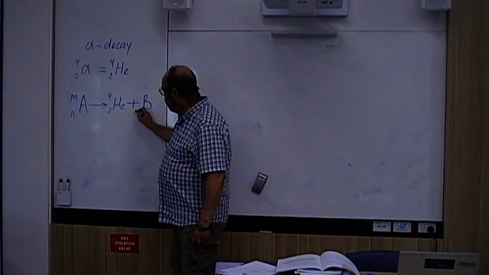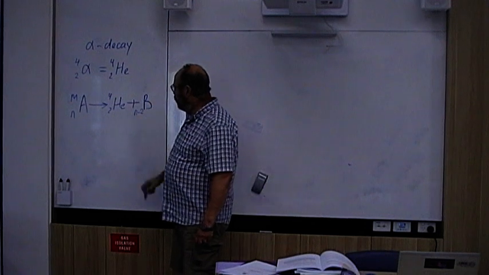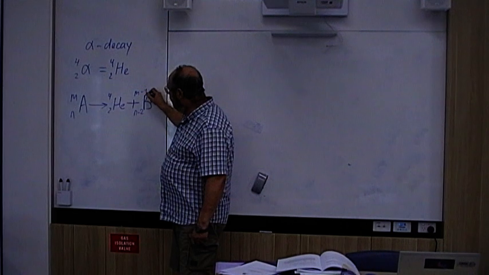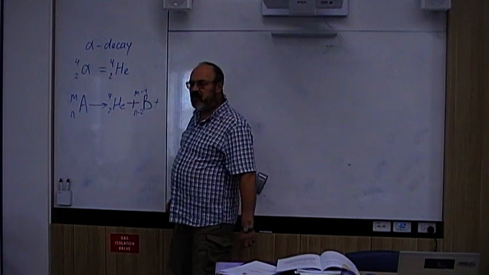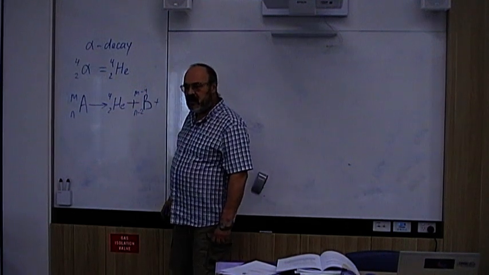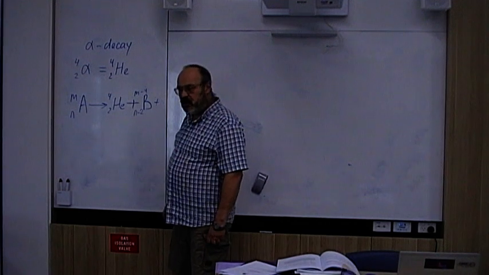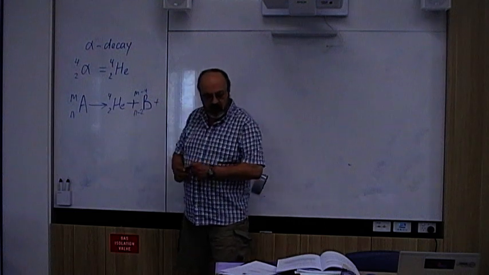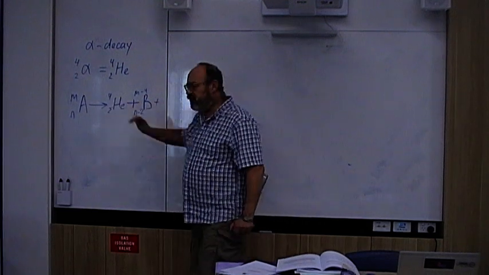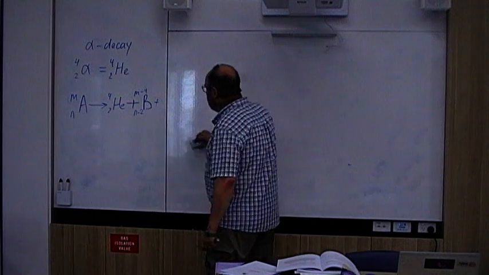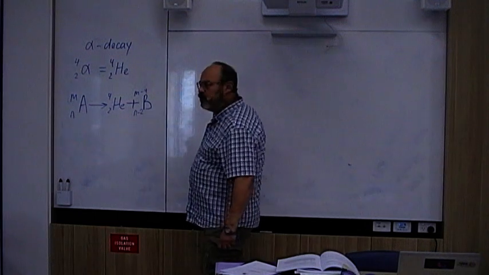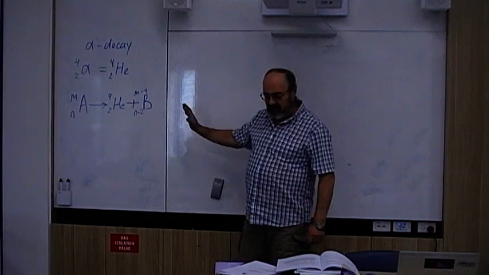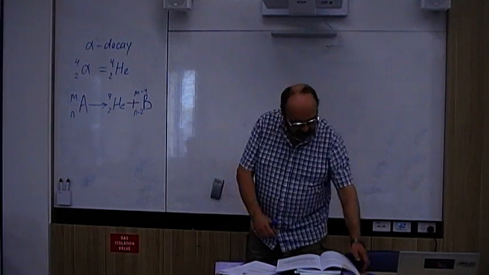N minus 2, because it loses 2 protons, so we have 2 protons less, and M minus 4. And there could also be neutrinos and energy, but we're focusing now on this part, so we're not looking into the neutrinos or antineutrinos which are emitted during this decay. And this is the general equation.